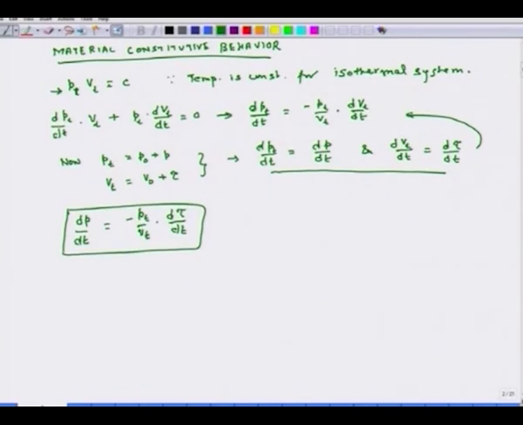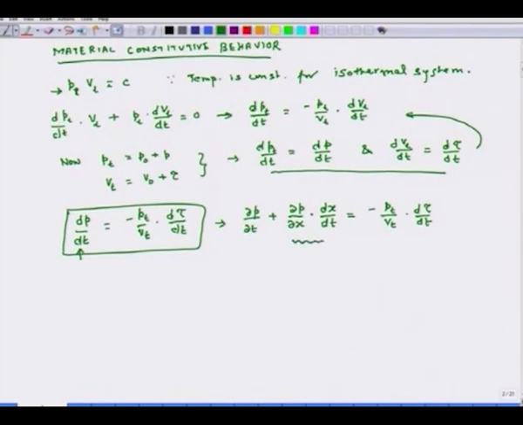I process this relation further, and break this total derivative of pressure with respect to time up into partial derivatives. So, what I get is the partial derivative of pressure with respect to time plus the partial derivative of pressure with respect to x times dx over dt is equal to minus Pt over Vt times d tau over dt.